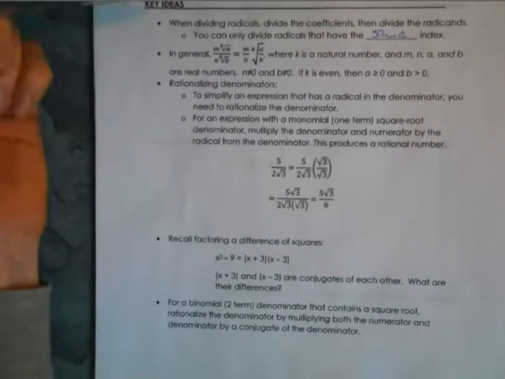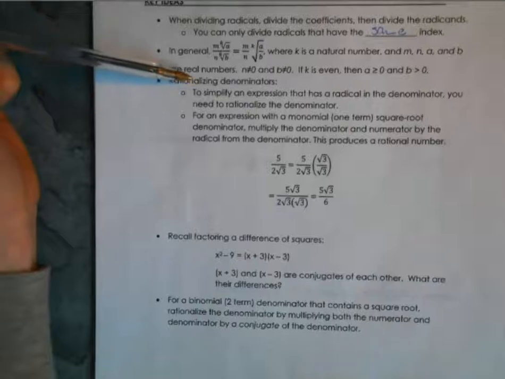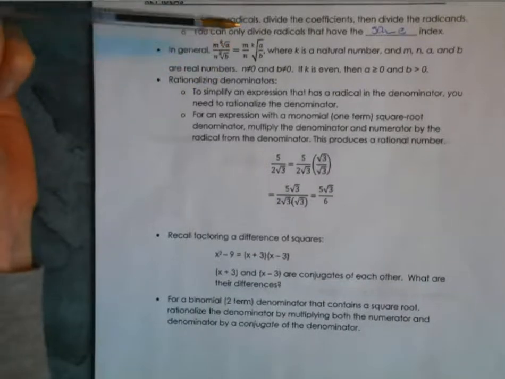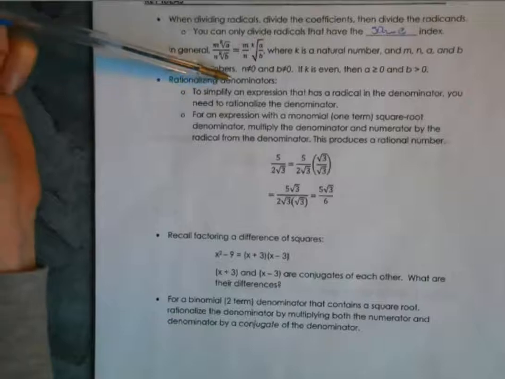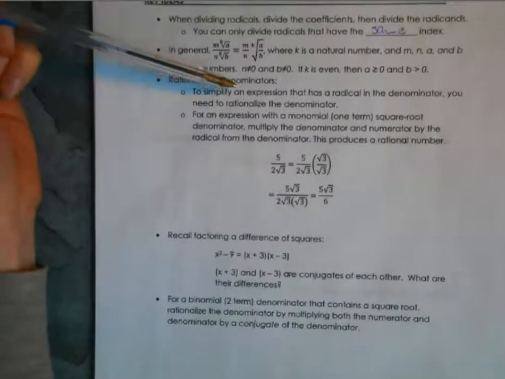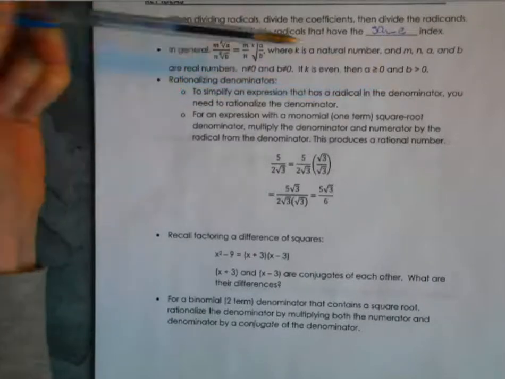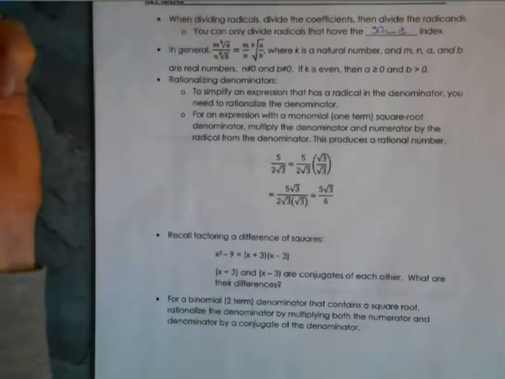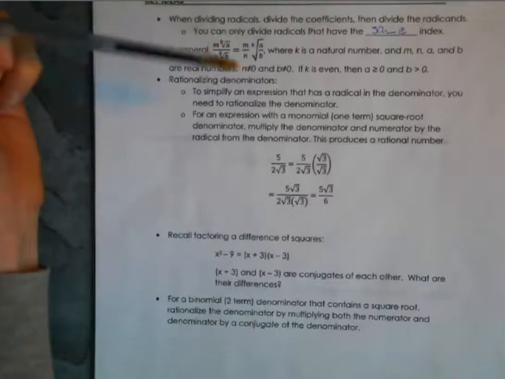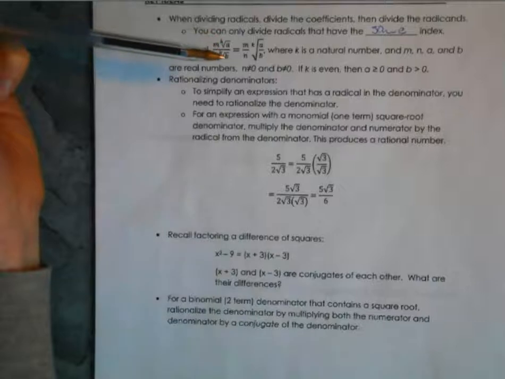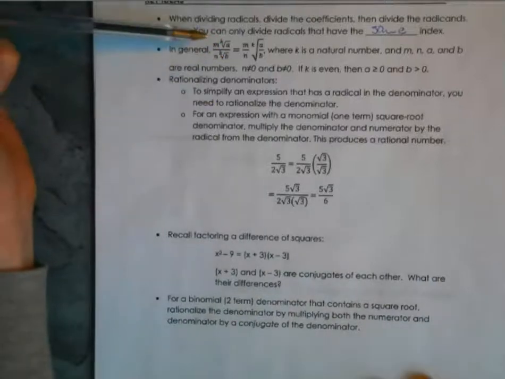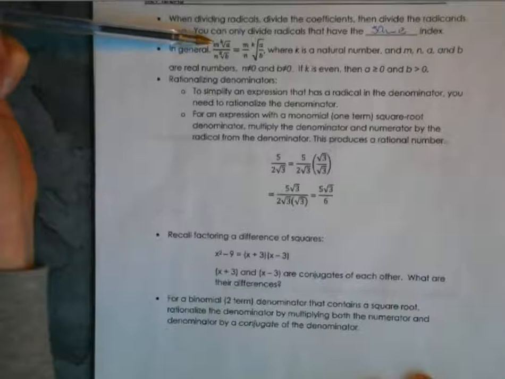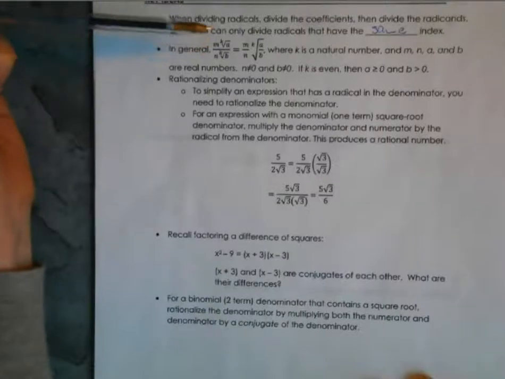The other thing we need to be aware of is the concept of rationalizing a denominator, which we're going to use quite a bit as we move forward. Basically, rationalizing a denominator is simplifying an expression that has a radical in the denominator. So if you have a radical that's set up like a fraction and you want to simplify, for multiplying and adding and subtracting, we've simplified pretty easily just by factoring our radicand and moving whatever we can out into the coefficient.